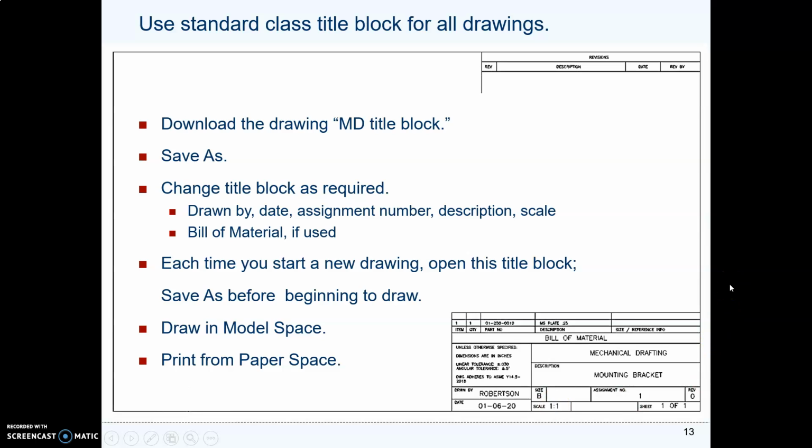And every time you start a new drawing, new assignment, you can just open this title block, do a save as again, and you'll have all the line weights and line types and dimension styles and everything you need to start going. We're not using what you call AutoCAD templates. We're just using this good old drawing, which is our title block.